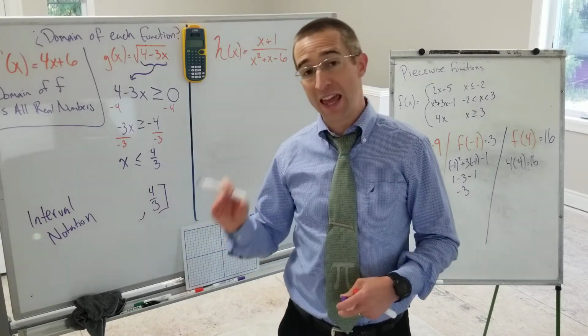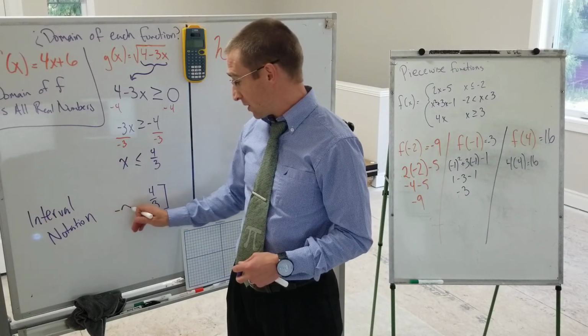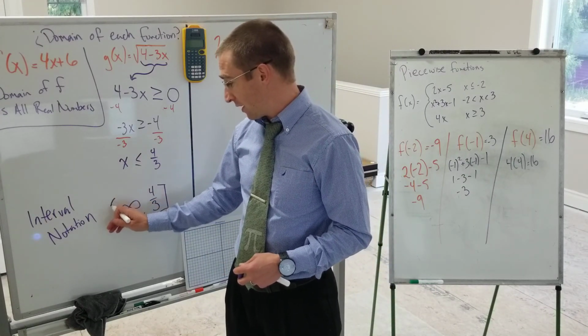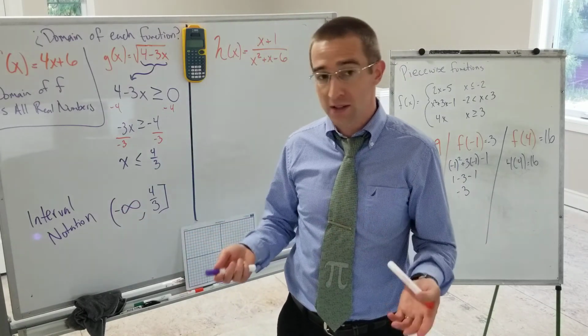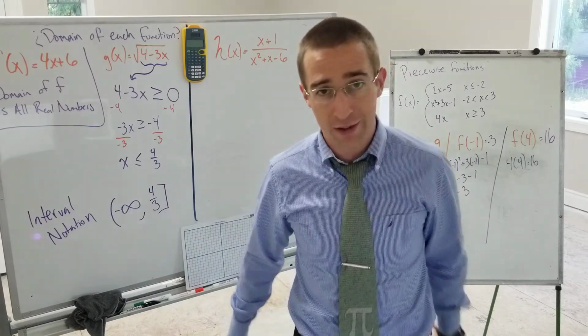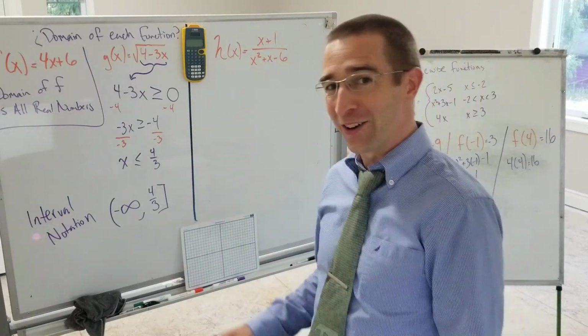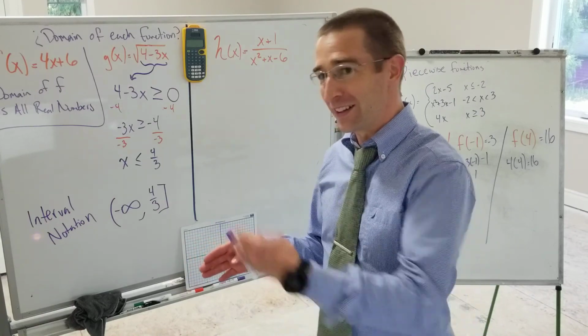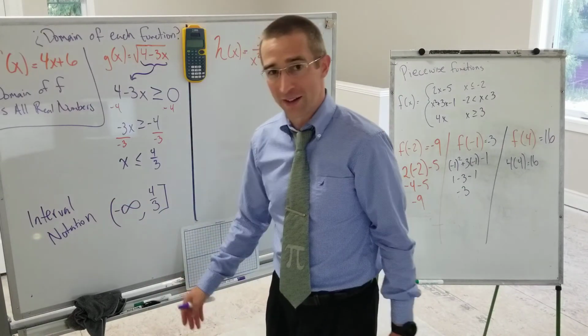The bracket means it can equal that. And then we want everything less than it, so we say it goes all the way to negative infinity, but we can't actually get to negative infinity because, well, infinity is not a number, it's an idea, so you never quite get there. You're not Buzz Lightyear. You can't go to infinity and beyond. You just get a soft parenthesis on that.